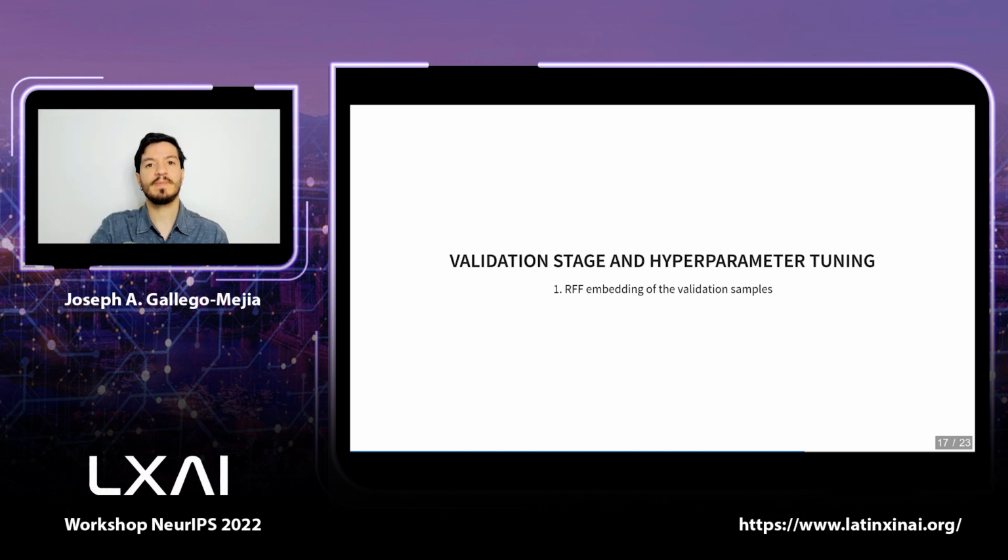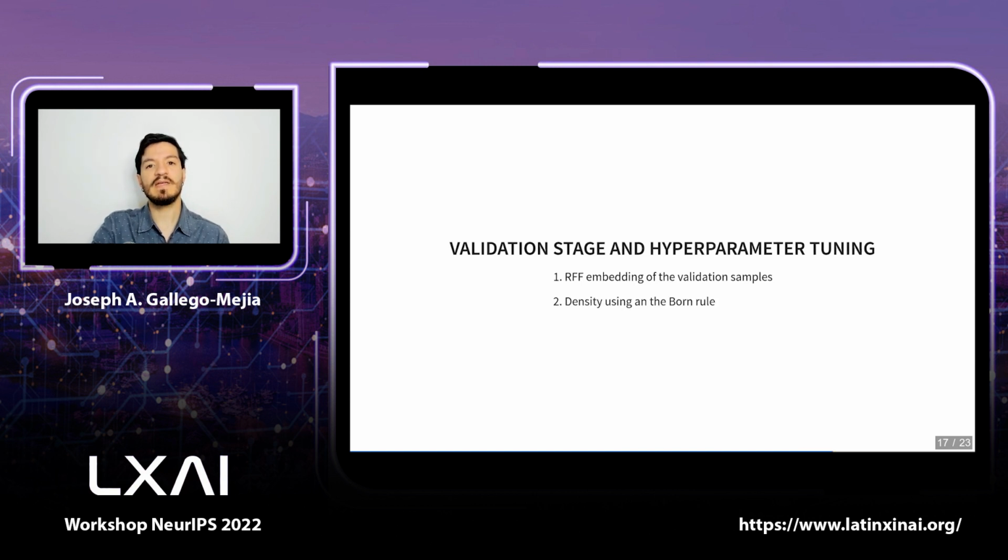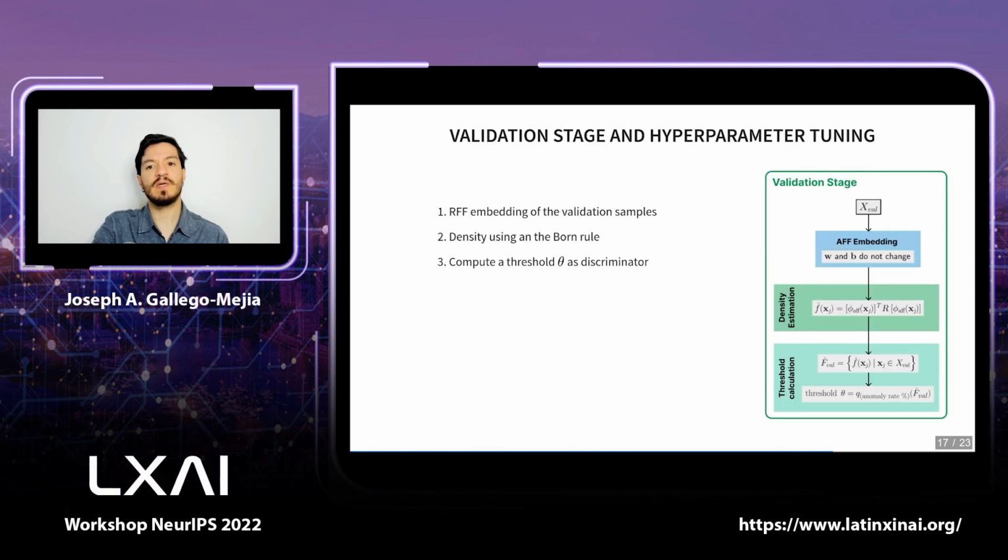The validation stage, also called hyperparameter tuning: the first part is to embed every validation sample in the random Fourier feature. Second is to calculate the density of each validation sample using the Born rule.